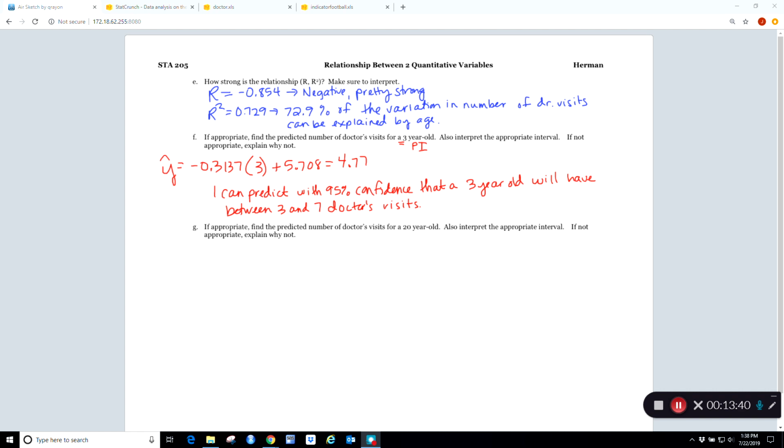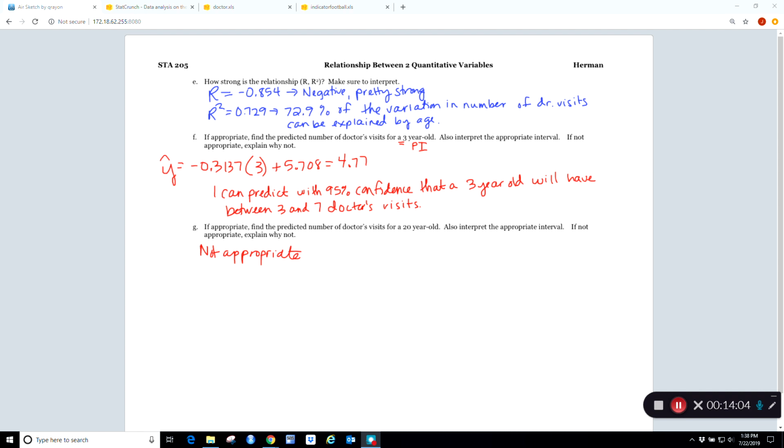Now go ahead and try G. Well, here is the answer I hope you came to: it's actually not appropriate. Now, why is it not appropriate? Well, we had children in our sample between the ages of 0 and 16. And even once you reach the age of 20, would you really consider yourself a child anymore?